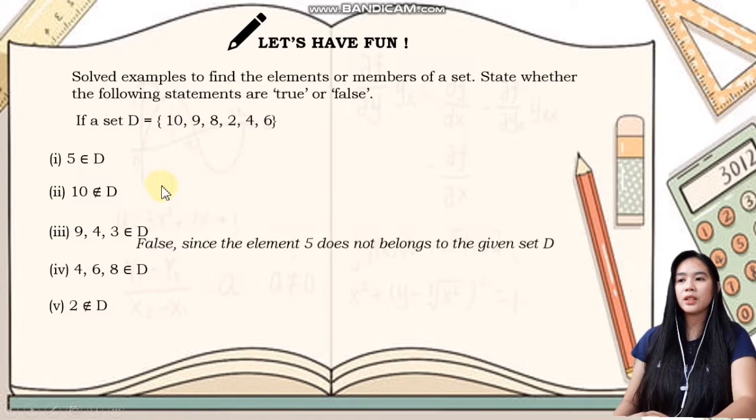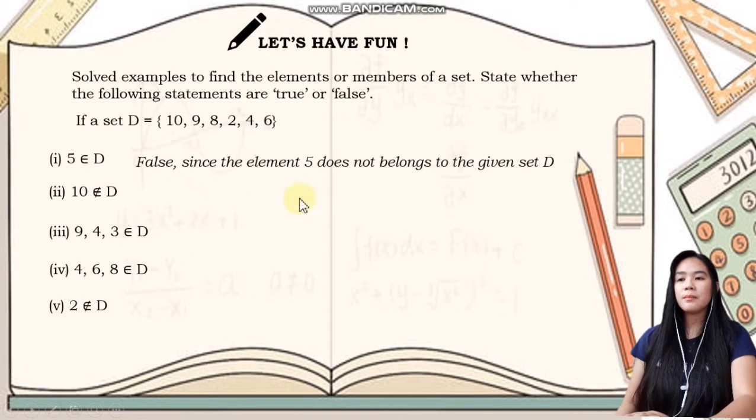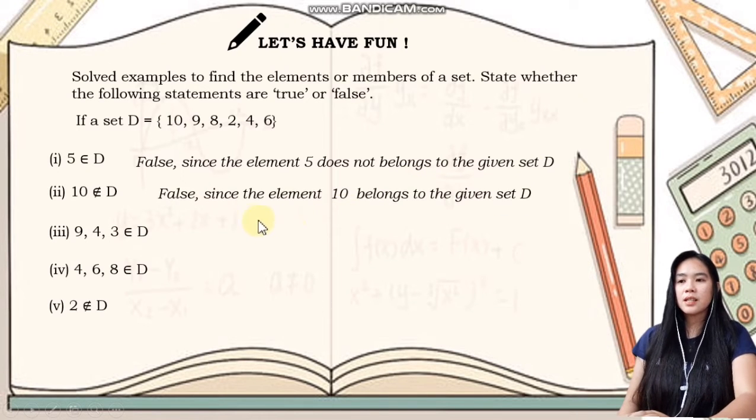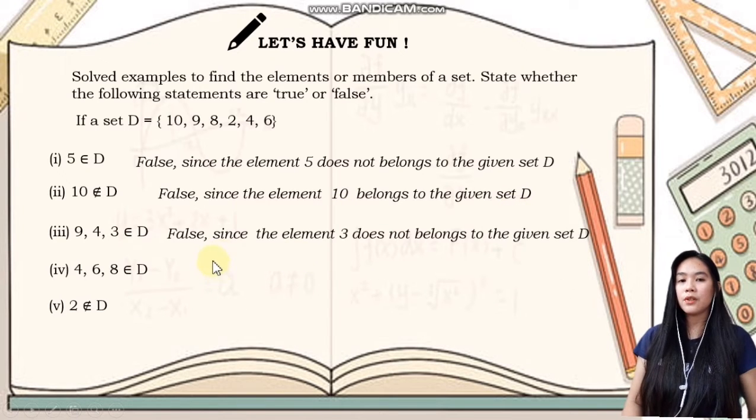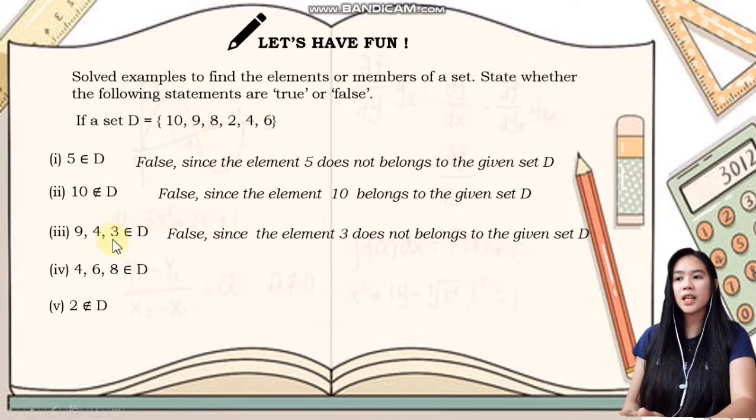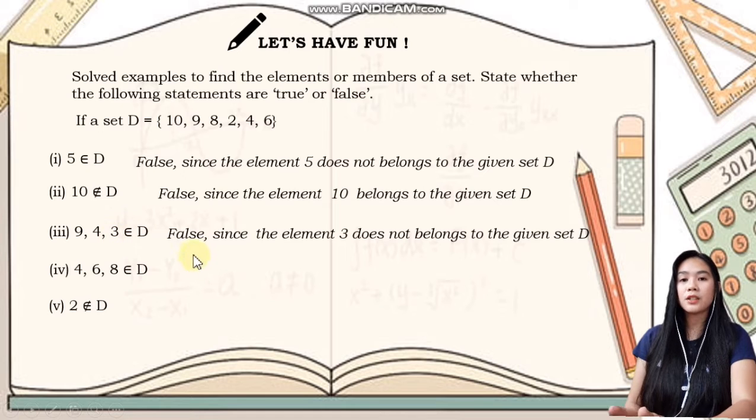So, sa number 1 is false, since the element 5 does not belong to the given set D. Number 2 is also false, since the element 10 belongs to the given set D. Number 3 is also false, since the element 3 does not belong to the given set D. Kung mapapansin nyo, yung ating 9 and 4 ay element siya ng set D, while yung number 3 is not an element of D. That's why it is false.